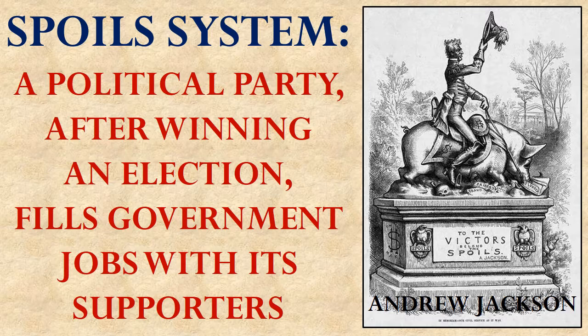Under the spoils system, a political party, after winning an election, hands out jobs as rewards to people who supported the political party during the election. So a candidate like Andrew Jackson could build up a bunch of support for himself as president by going around during the campaign and telling local political people in towns, hey, you go out and rally the people in your town to support me, and when I get elected, I'll make you postmaster, or whatever it may be.